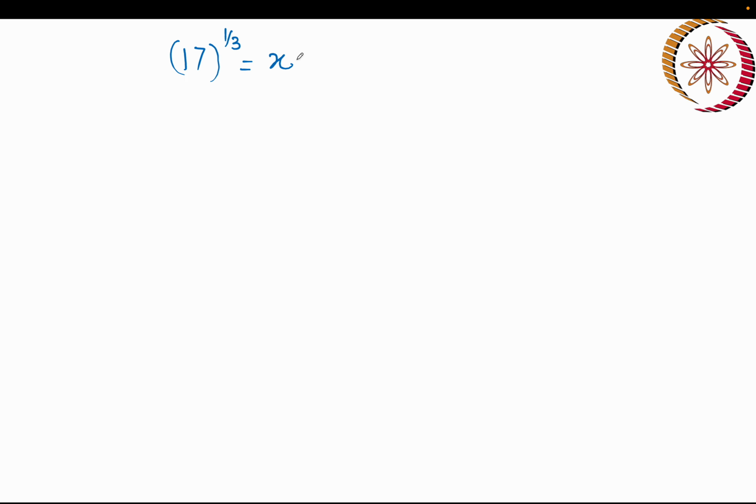We want to find the third root, and we can rewrite this as 17 is equal to x cube. That is, we want to write f of x is equal to x cube minus 17, and f of x equal to 0 is satisfied at the x where 17 is equal to x cube, which gives the cube root of 17.